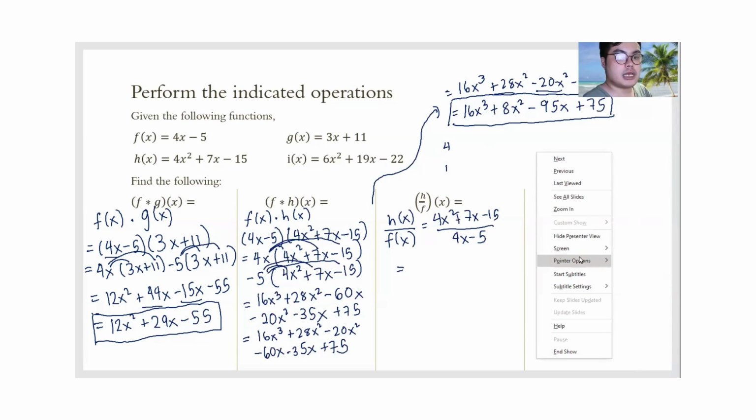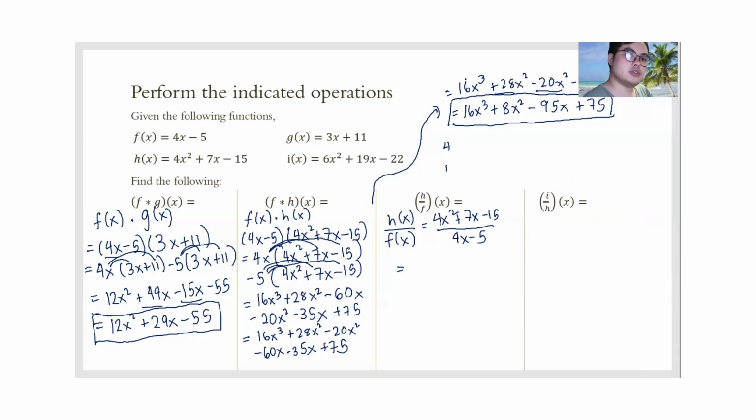So 5 on top, 3 at the bottom. We're going to do the testing method. Since the middle is positive 7, I will place negative on 5. Using the crisscross, 4 times 3 is 12, while 1 times negative 5 will be negative 5. So 12 minus 5 is 7. So we're going to factorize.